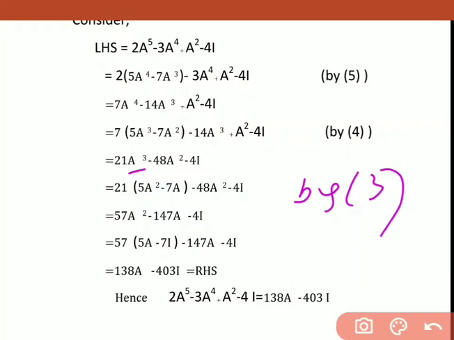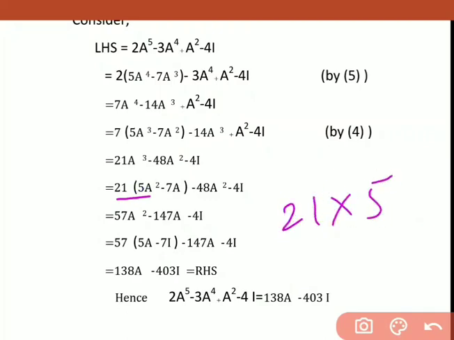Again open this bracket. 21 fives are 105, so it is 105a^2 − 48a^2. After simplification you will get 57a^2. Then 21 into 7 is −147a − 4i.